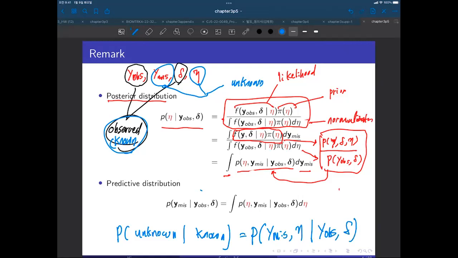That is called the posterior predictive distribution. Very simple, right? Because it's just combining the posterior distribution and predictive distribution jointly.